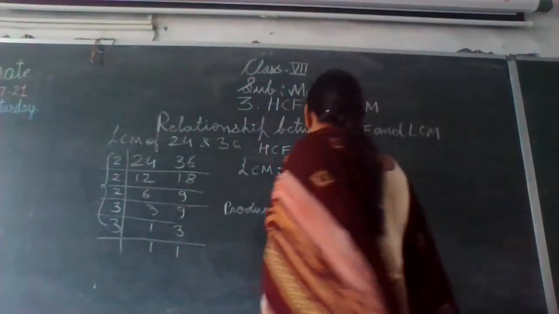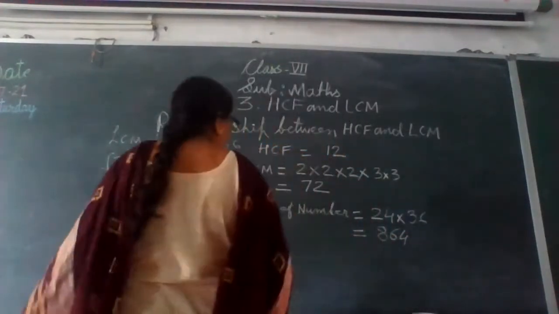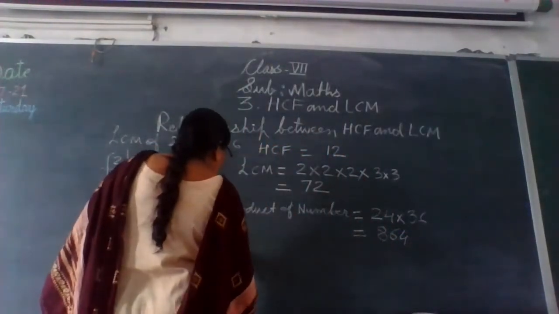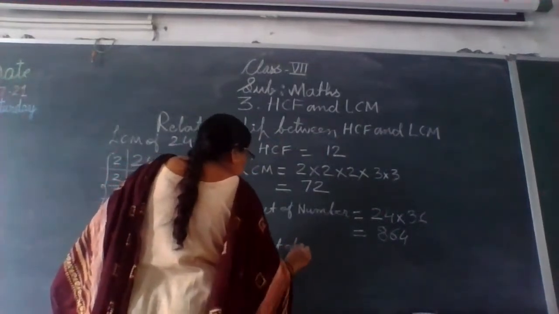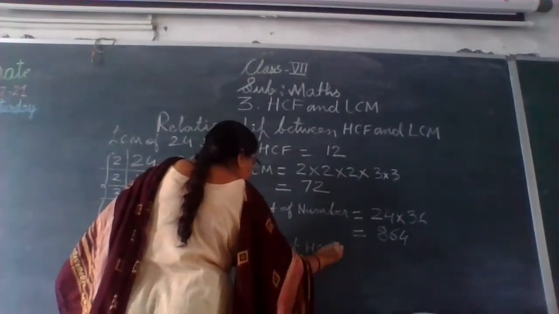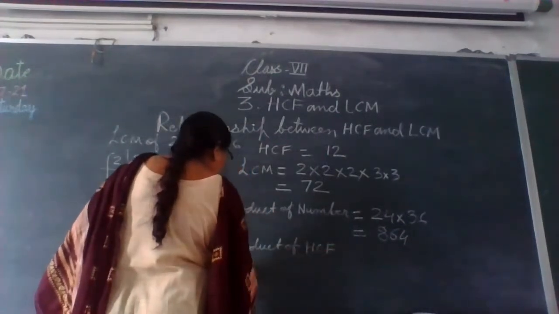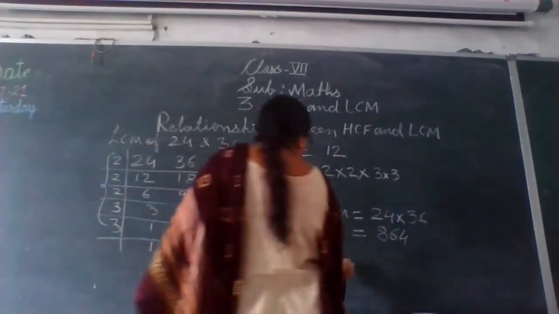It is 864. Now find the product of HCF and LCM.